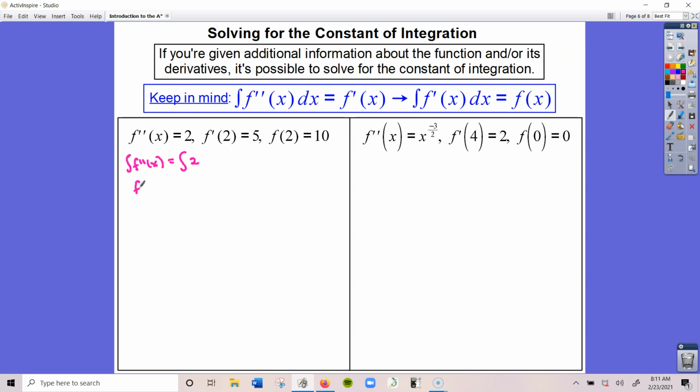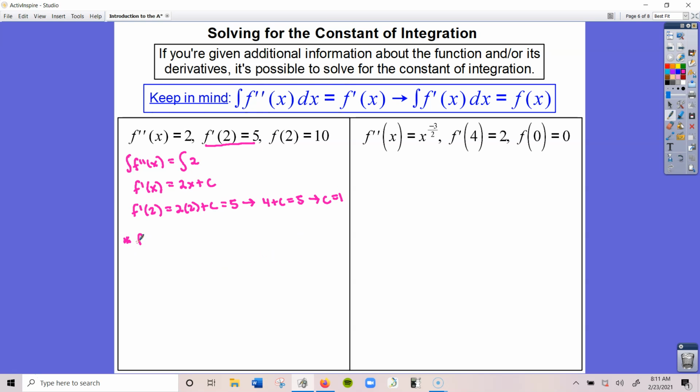So this gives me f prime of x, which is equal to 2x plus c. Now we are told that f prime of 2 is equal to 5. So I'm going to plug in the 2, which is 2 times 2 plus c, and make it equal to 5. This gives me that 4 plus c is equal to 5. Therefore, c is equal to 1.